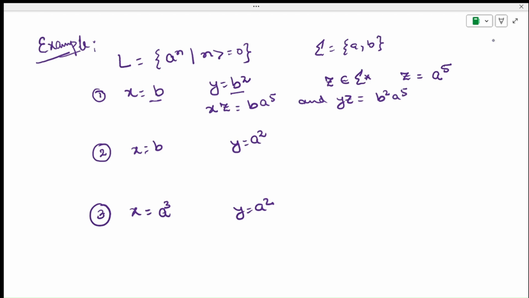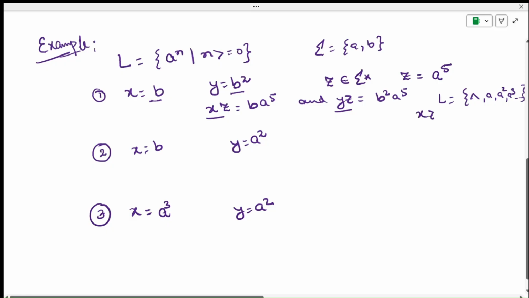We can clearly see that both xz and yz are not in the language a raised to the power n, because this language has strings of the form null, a square, a cube and so on. So both xz and yz do not belong to the language L. Therefore, we say that x and y are indistinguishable with respect to the language L.